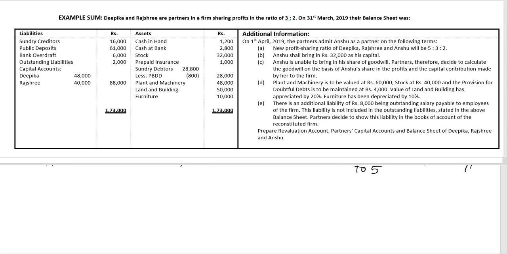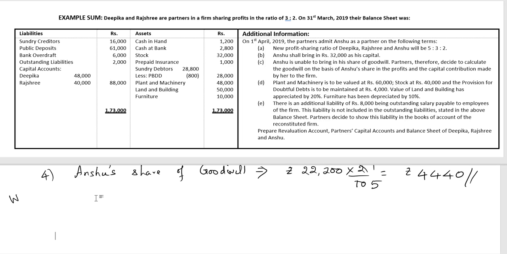Let's go to the second working note. Working note 2. Calculation of gain or sacrifice of each partner.